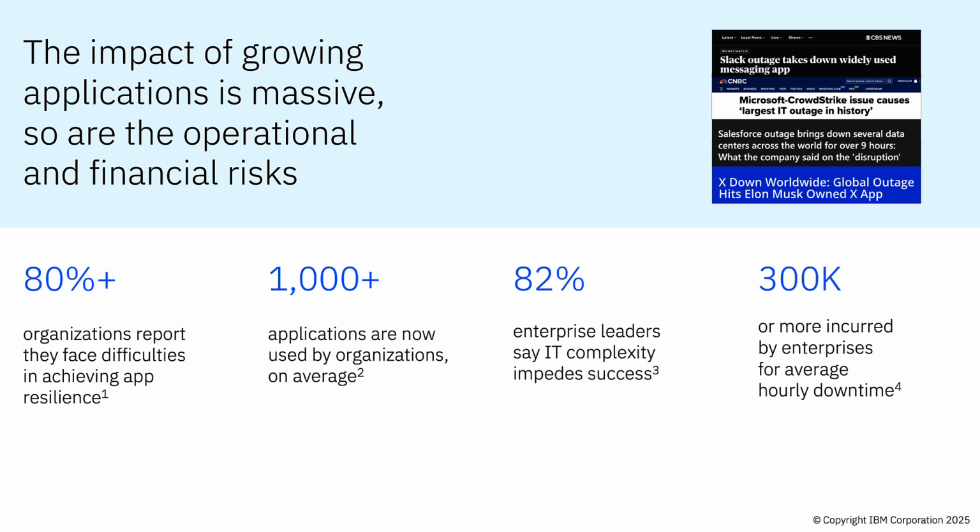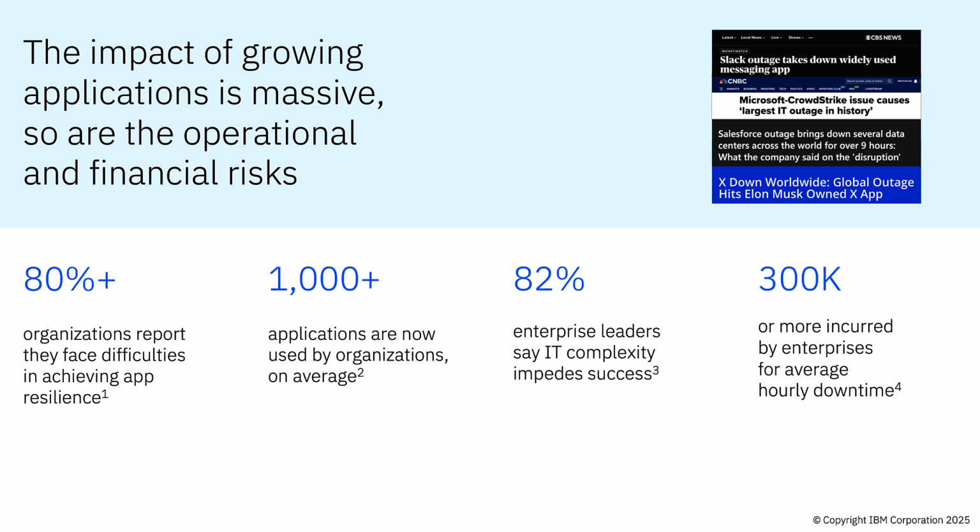And here's the challenge. The average organization manages over 1,000 applications. Each one comes with its own dependencies, configurations, and risks, especially in hybrid and multi-cloud environments. This complexity makes resilience even harder to achieve.